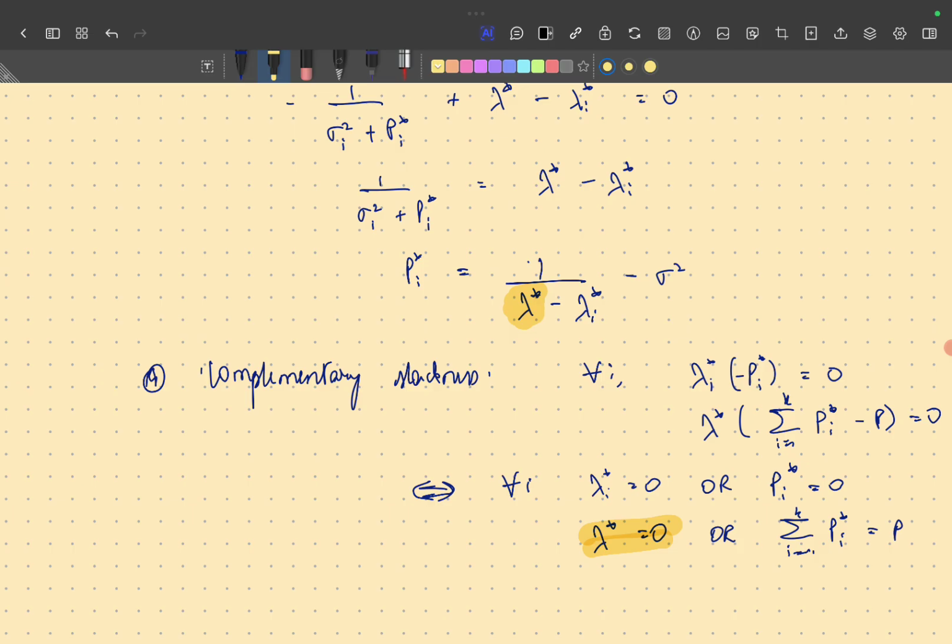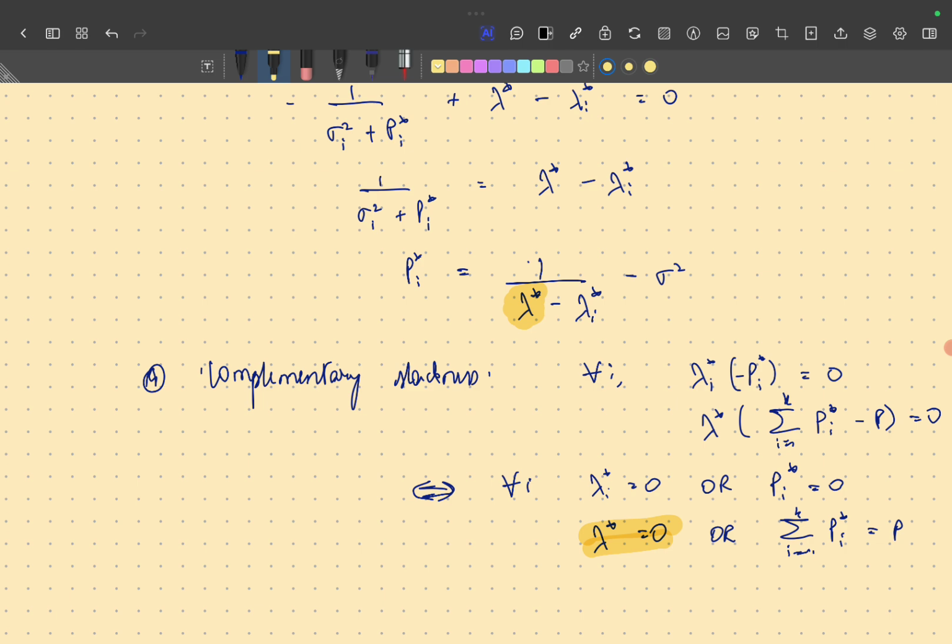What can you say about pi star if lambda star is 0? It will either become negative or undefined. If lambda I star is also 0, then it's not defined. But if lambda I star is non-zero, then pi star would be negative, which violates the primal feasibility constraints. So lambda star cannot be equal to 0.